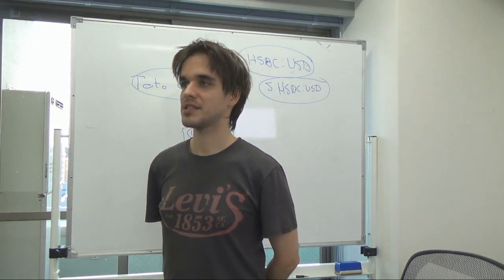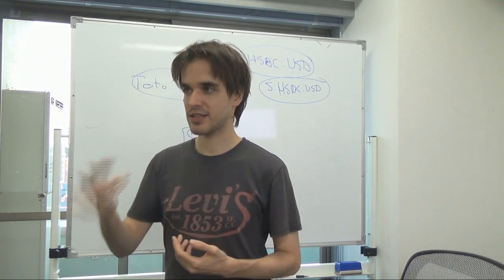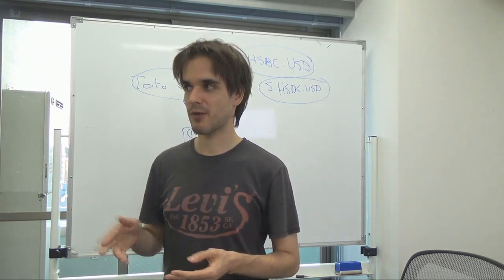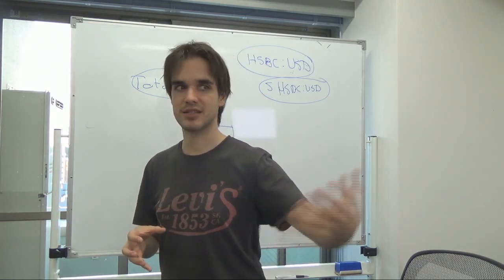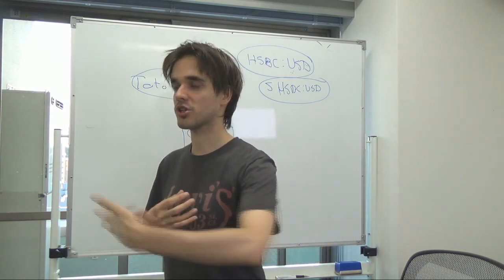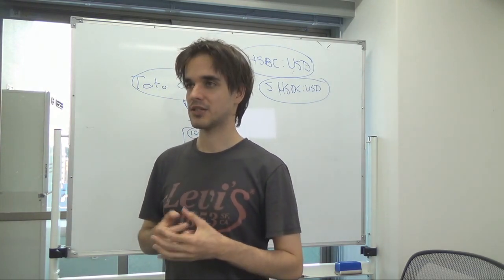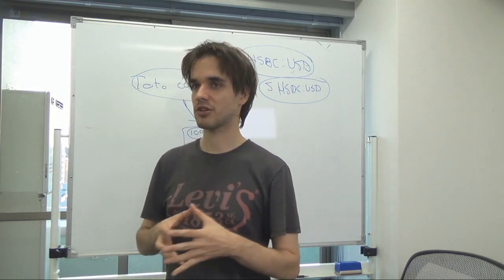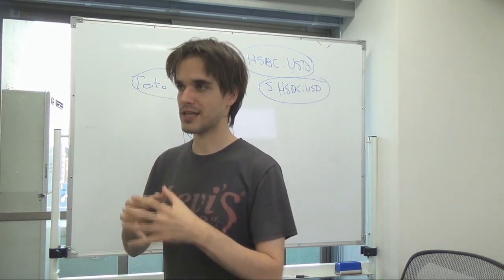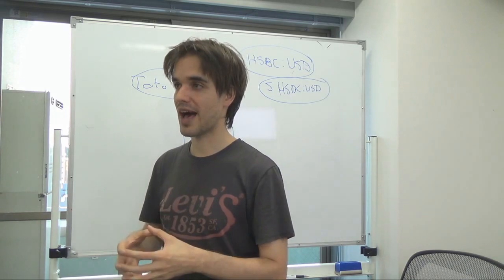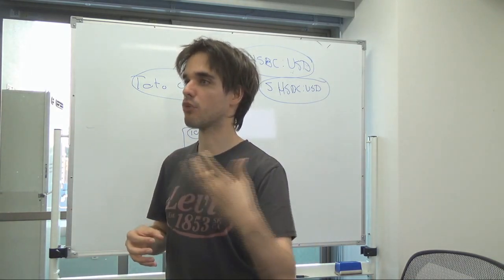So what it means basically is, for example, you have seen Aaron was in last week. He made an SPV wallet. It means that it's a wallet that does not depend on any server. It can just ask the network what transactions belong to him. So when we say colored coin does not support SPV wallets, it means that if you want to create your own SPV wallet, you need to rely on a server that indexes the whole blockchain.